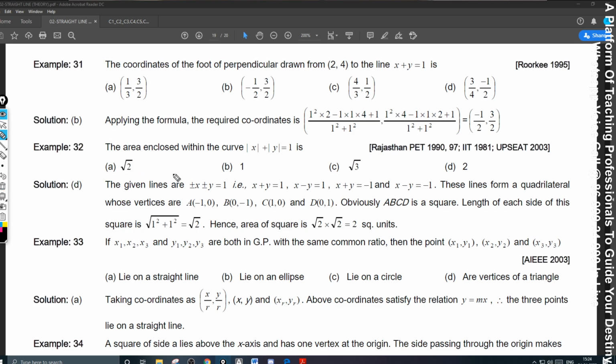Just follow it carefully. The curve given is |x| + |y| = 1.